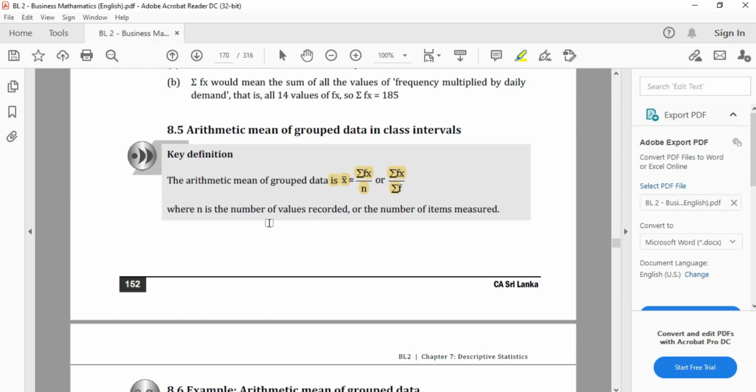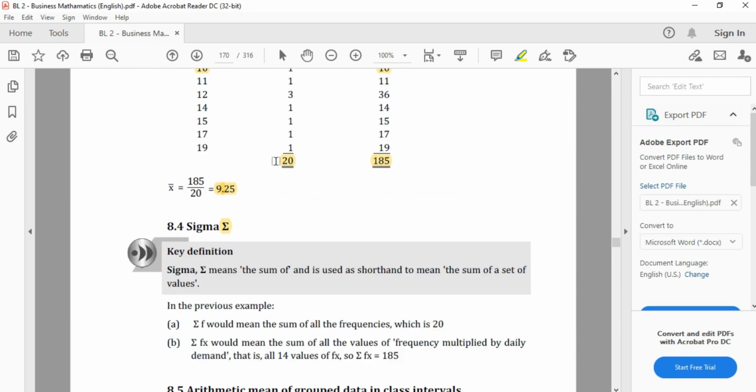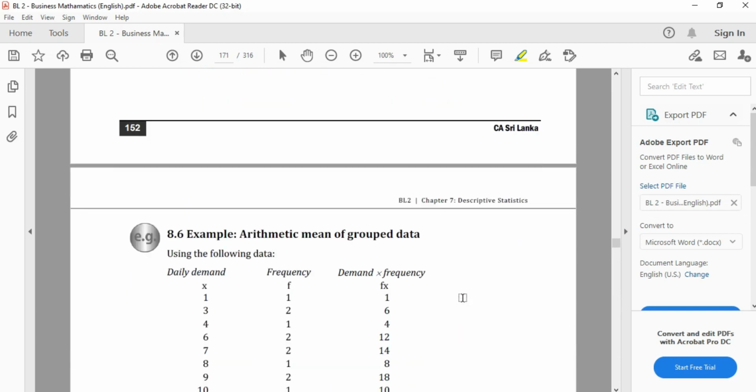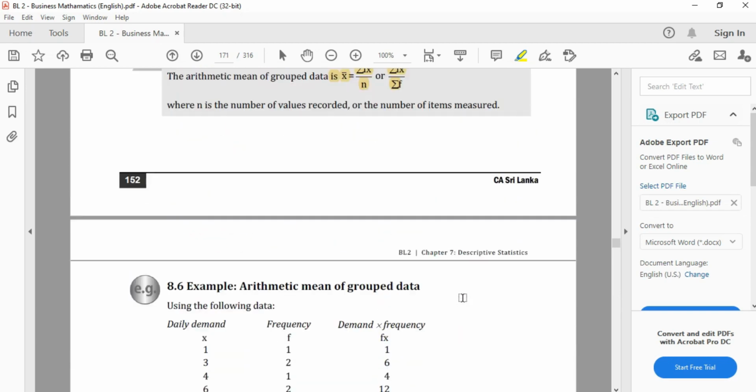Okay, where n is the number of values recorded or the total number of items. Say n is equal to sigma f. Sigma f means 20, the total. Sigma means the total. Okay.